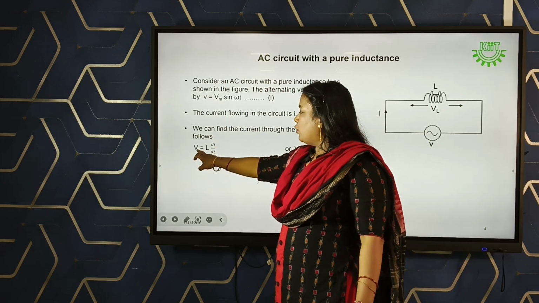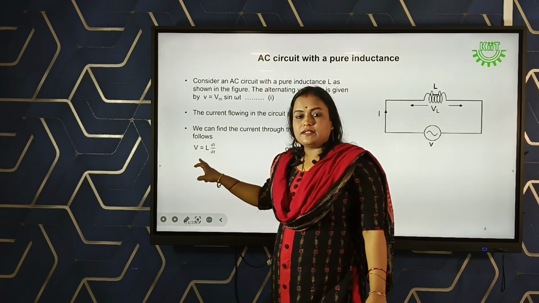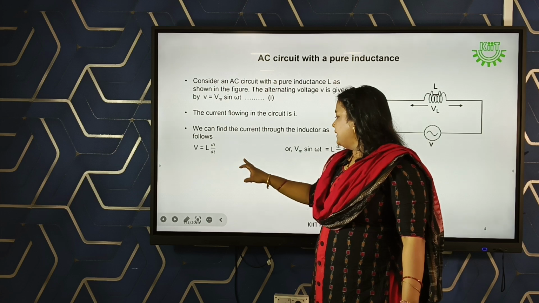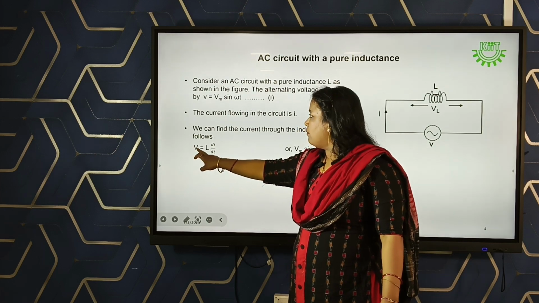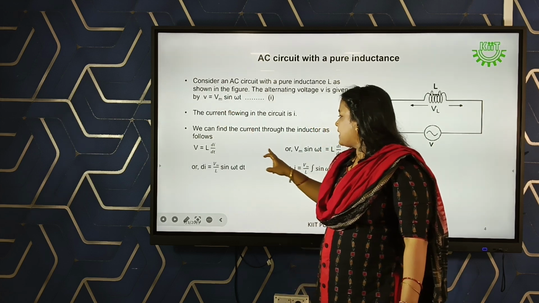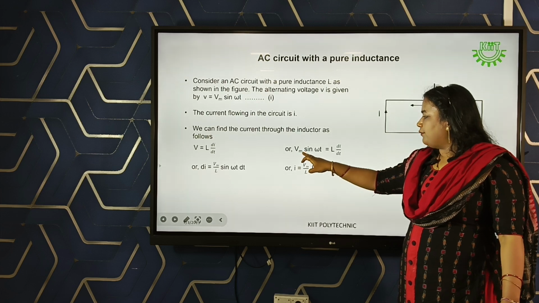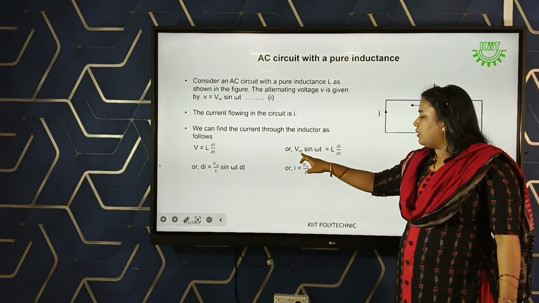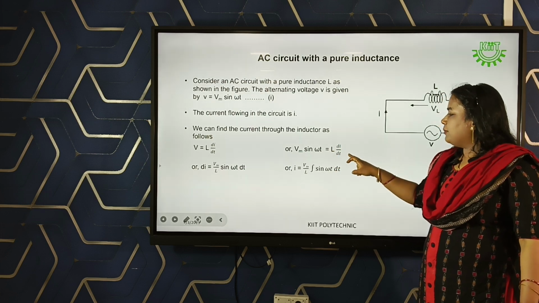The voltage across the inductor can be calculated by the formula V is equal to L di by dt. As it is a sinusoidal waveform, in place of V we write Vm sin omega t, so our equation becomes Vm sin omega t equal to L di by dt.